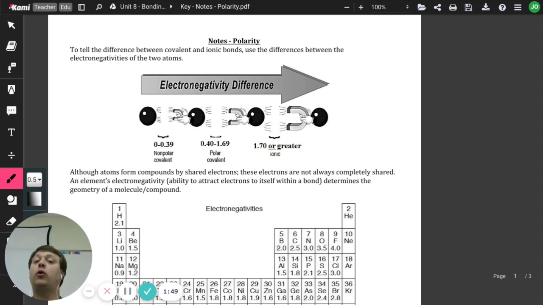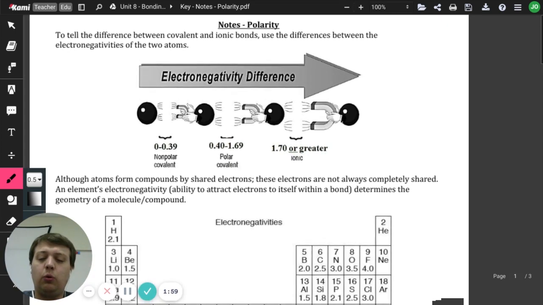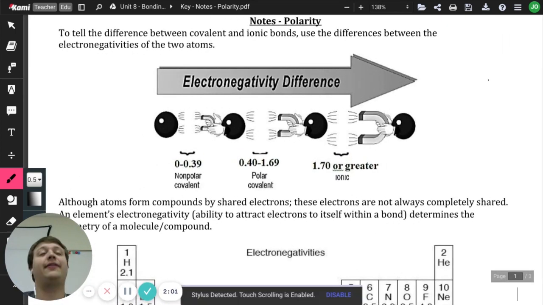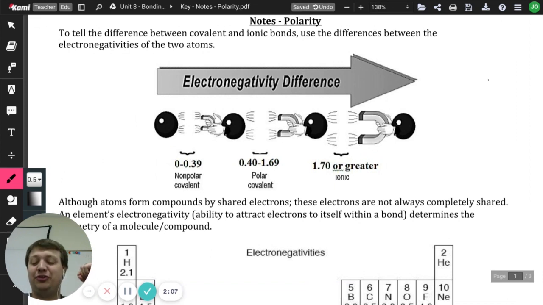For polarity, the very first thing we need to know how to do is determine the polarity of a bond, specifically in a compound. We're going to be looking at differences in electronegativity. That means you need to be able to think about your electronegativity.